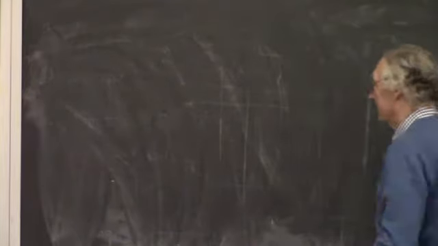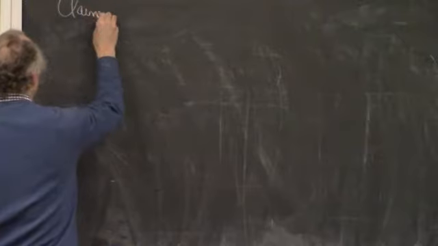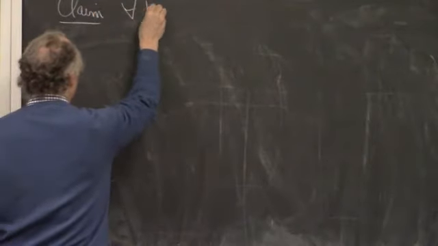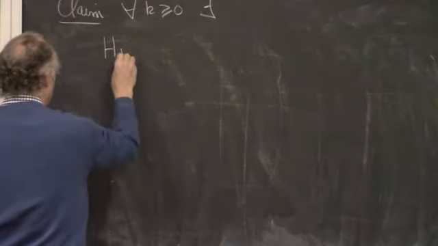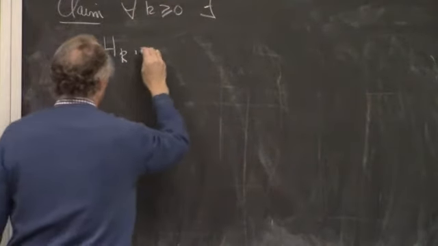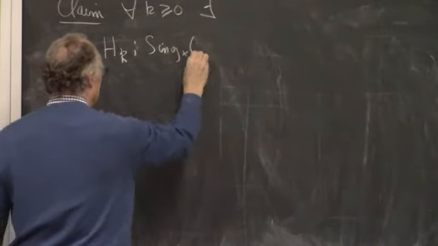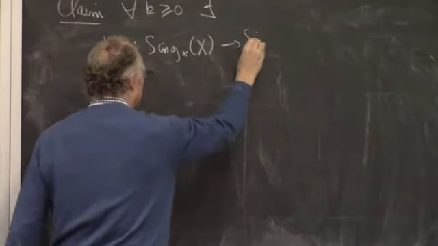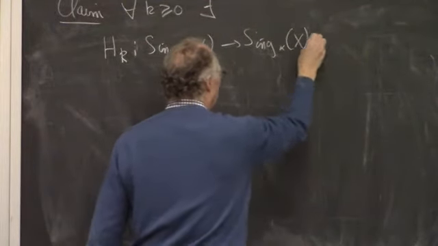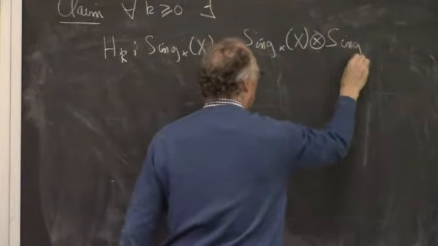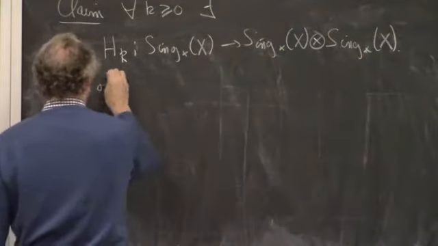So the claim is, for all k greater than or equal to 0, there exists h_k, mapping the singular chain complex of X into the tensor product, of degree k.